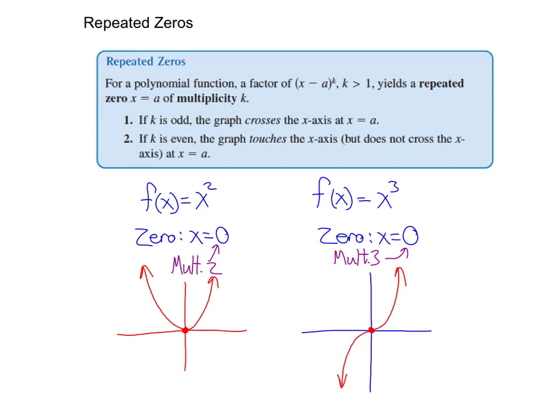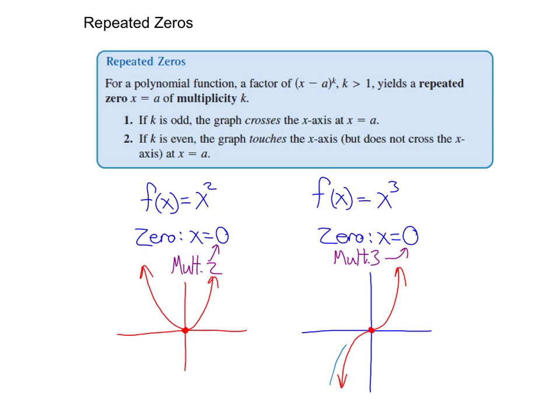And the general rule is this. You see it up here at the top. If k is odd, the graph is going to cross through the x-axis at that point, even if it's a multiplicity of 5 or 7 or 9. How high it is just determines how much we level it off. So a cube root might look like this.